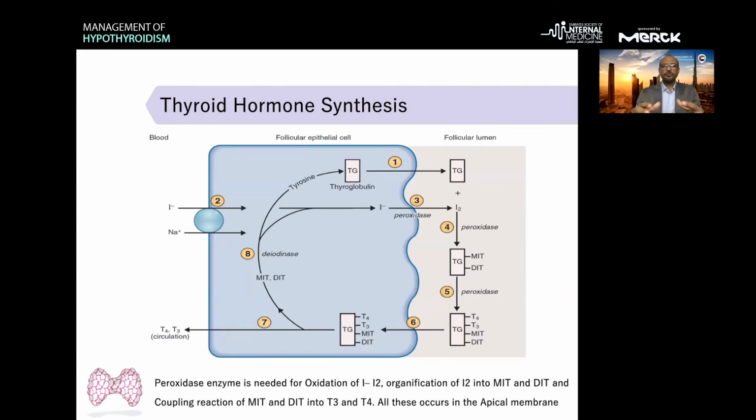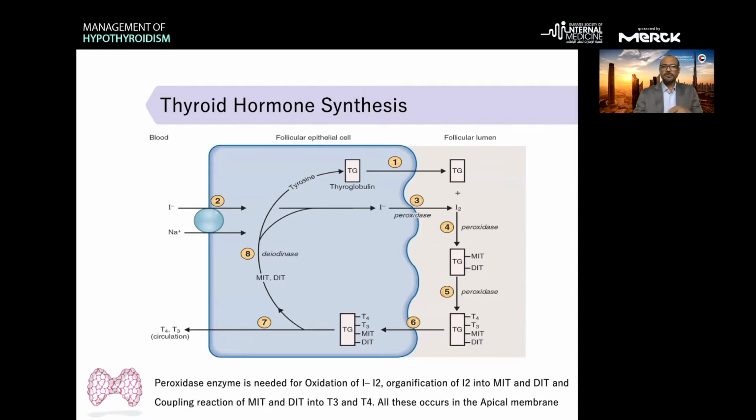If you go through these steps of thyroid hormone synthesis, I want you to look from step 3, where there is an oxidation of the iodine, where iodide will be oxidized to iodine. And for this step, you need the thyroid peroxidase as a cofactor or a helping enzyme to do this oxidation.